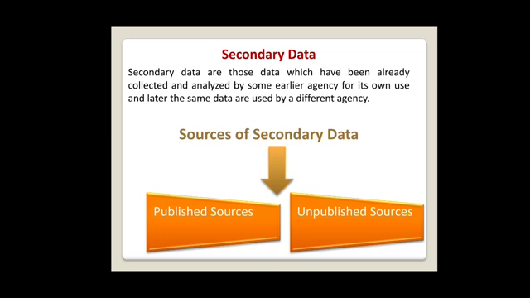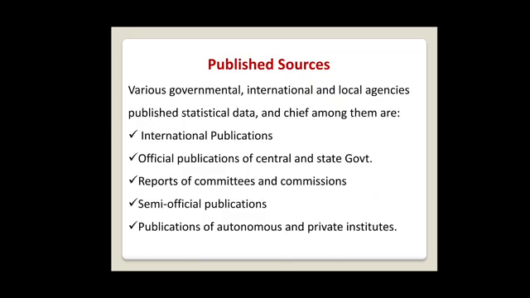Students, the sources of secondary data, that is the source from which we can get the secondary data, can broadly be classified into two categories. Number first is published source of secondary data, and number second is unpublished source of secondary data.